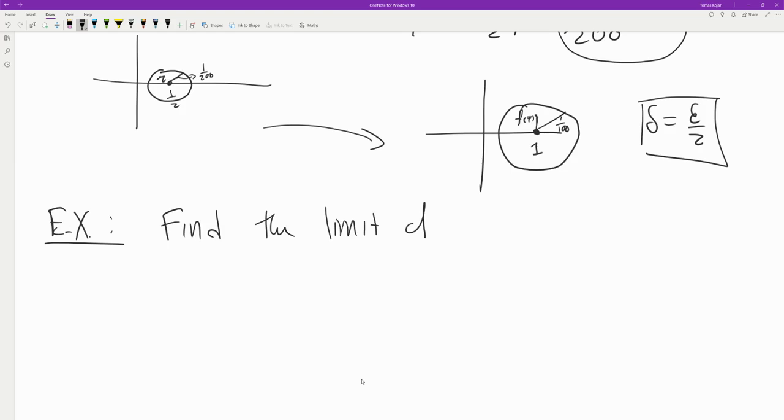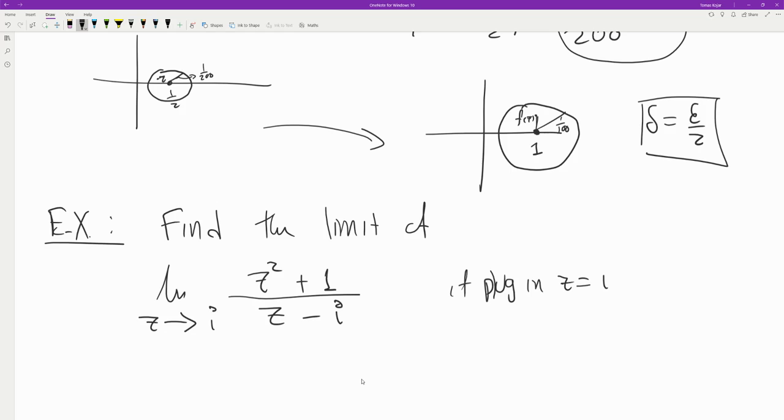So find the limit as z goes to i of z squared plus 1 over z minus i. Okay, so hopefully you can see that you cannot just plug in i. So if you plug in i, you get a problem. You get over 0. So you don't want that. You get 0 over 0.